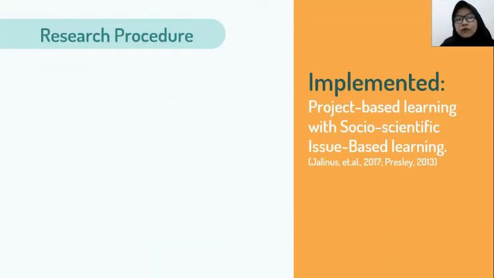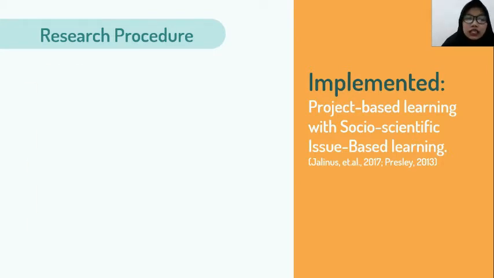As for the research procedure, it implemented project-based learning as the learning model with socio-scientific issue-based learning as the learning approach. The learning syntax of project-based learning follows Jalinus, which consists of 7 syntaxes, while socio-scientific issue-based learning follows Presley for the learning framework.